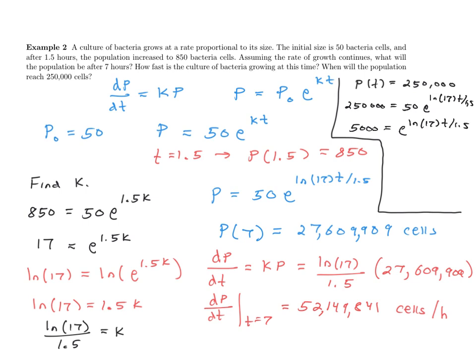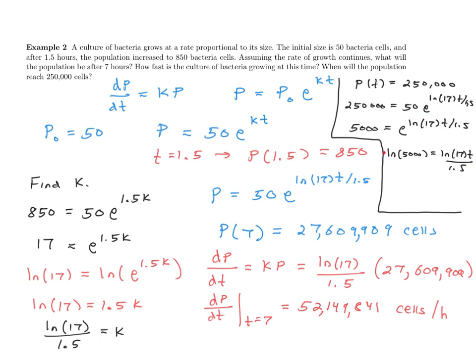I'll then take the natural log of both sides. I get the natural log of 5,000 is equal to the natural log of 17t over 1.5. So here, I apply the natural log to both sides, and I got the natural log of 5,000. The natural log and e canceled to give us only the exponent left over.